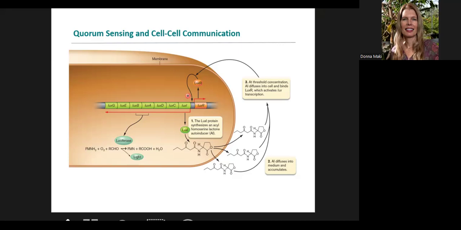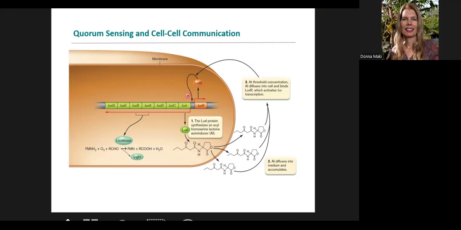So this is showing a section of the chromosome and different genes on the chromosome, and this is for bioluminescence. What they're showing is that some of these genes are turned on constitutively, and small amounts of these chemicals are getting made. They're trying to show that the LuxI gene, you don't need to know the name of the gene, but once it gets turned on and transcribed, you get the homoserine lactone that gets excreted.